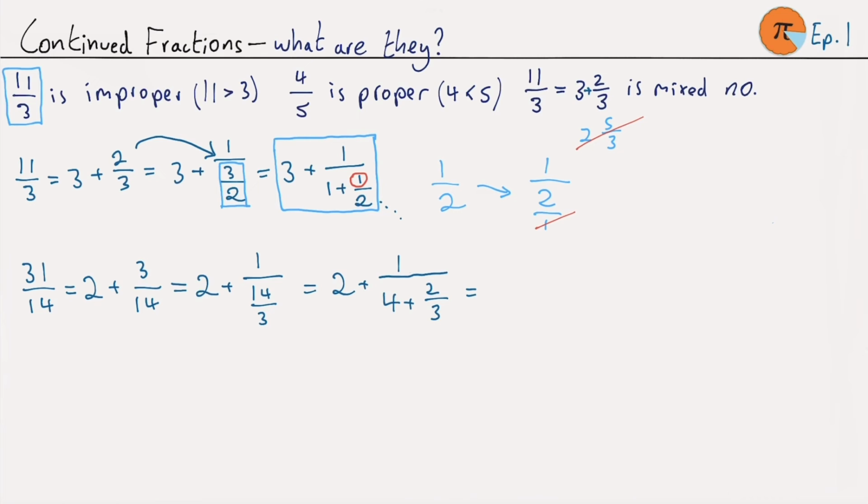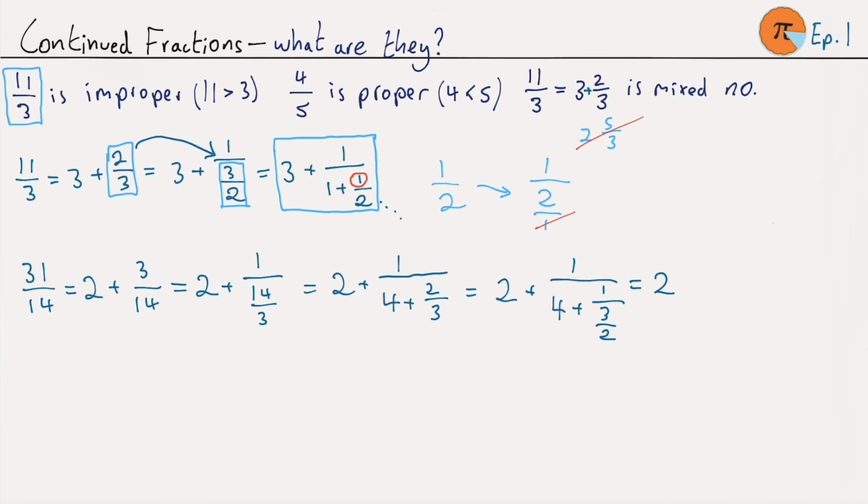And then with our next step, we continue again. You may notice we actually have 2/3 again. We had that here. So it is going to end up being the same, but I'll just go through the full process just so it's clear. So we're going to have 2 plus 1 over 4 plus 1 over 3 over 2. So you do end up with quite a few nested fractions.